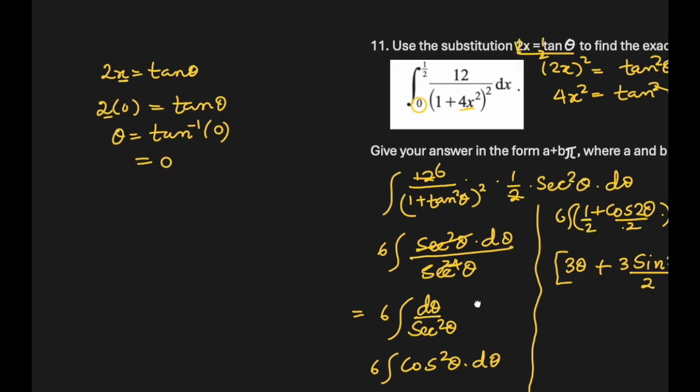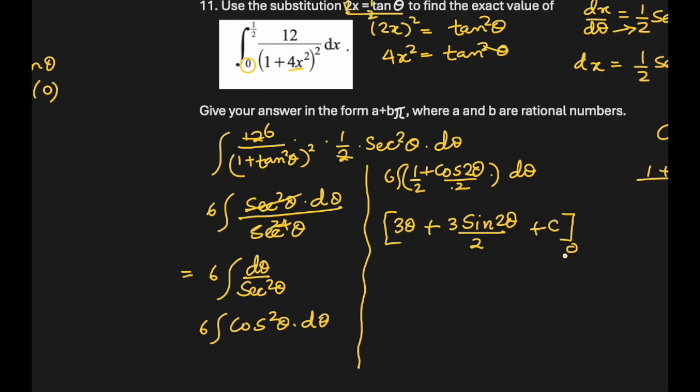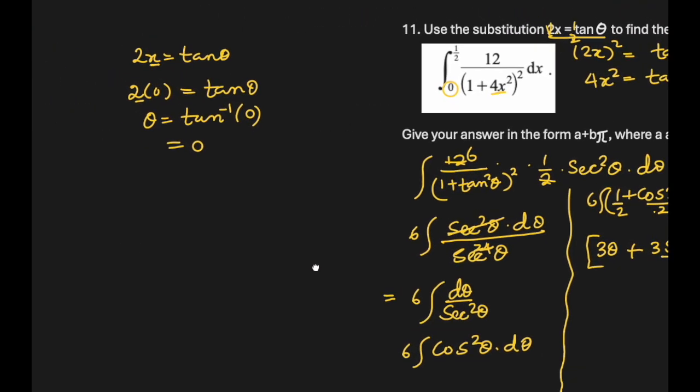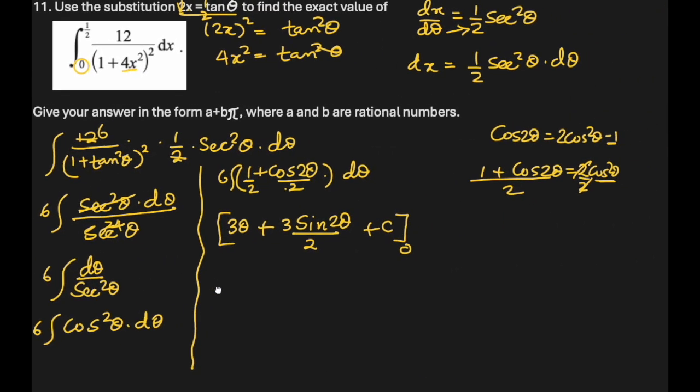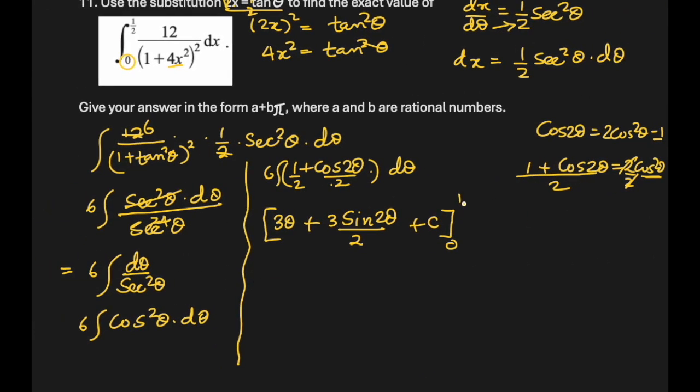So the lower limit is 0. What about the upper limit? It was 1 over 2 in this case, right? So x becomes 1 over 2, equal to tan theta. So 2 and 2 cancel, tan inverse 1, and tan inverse 1 is pi over 4, or 1 over 4 pi. So we can write 1 over 4 pi here.